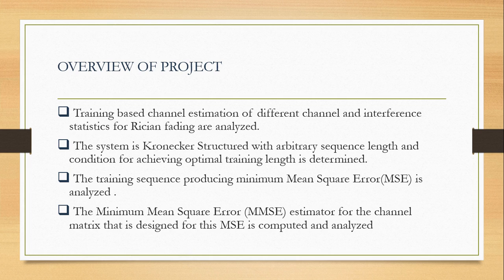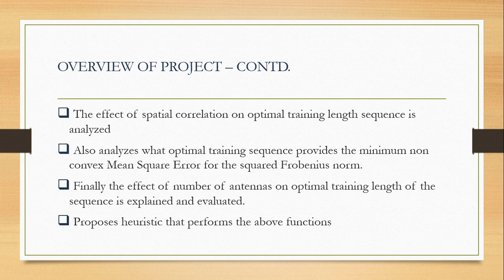From that, the minimum mean square error for the estimated channel matrix is analyzed, and the effect of spatial correlation on the optimal training length is analyzed. This project also analyzes the optimal training sequence on non-convex mean square error for squared Frobenius norm. Finally, the effect of the number of antennas on the optimal training sequence length is explained and evaluated.